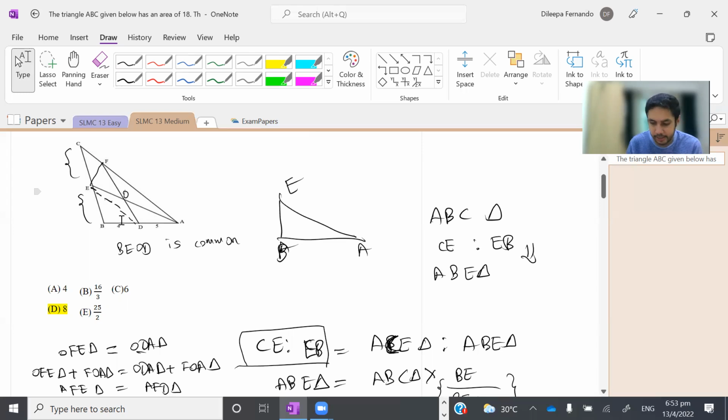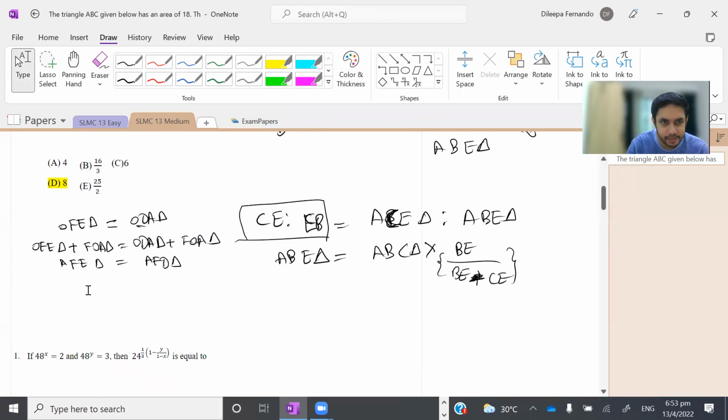So what does that mean? That means ED and AC are parallel. When ED and AC are parallel, the ratio between BE and EC can be found.